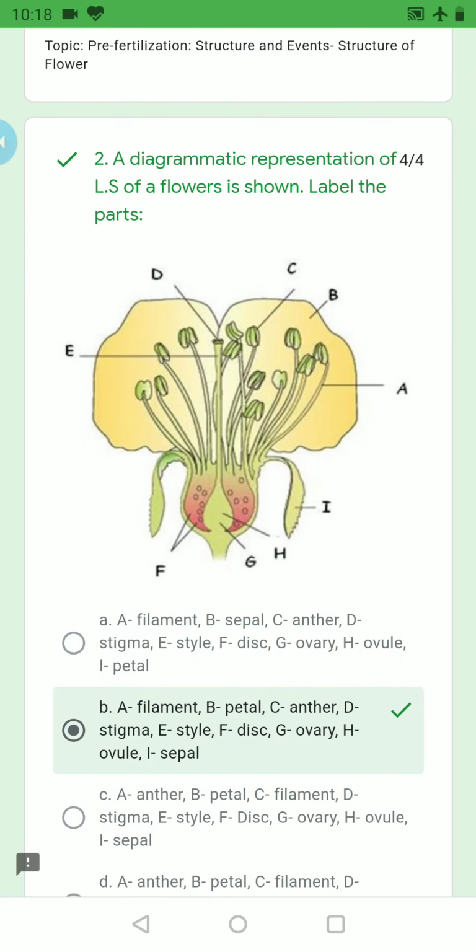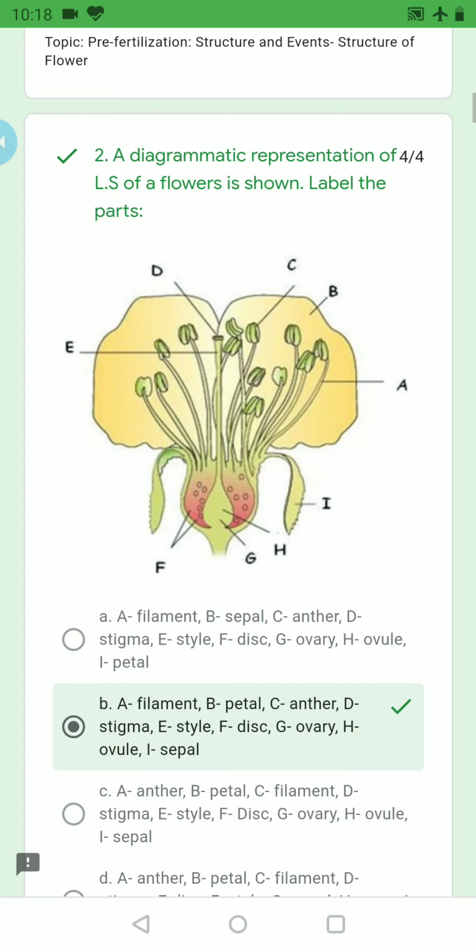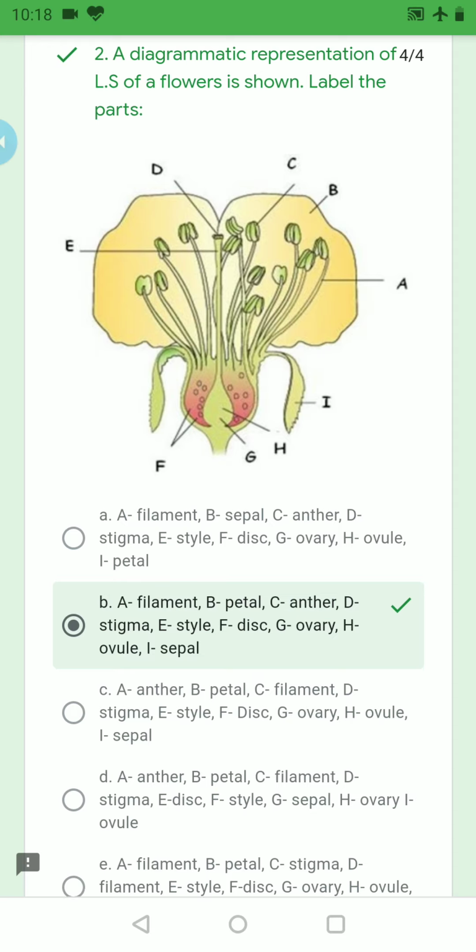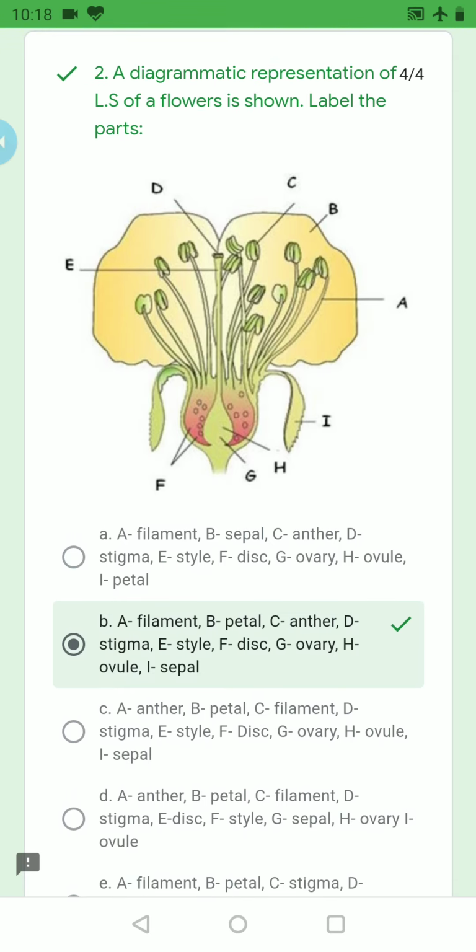Here a diagrammatic representation of the longitudinal section of a flower is given, and we have to label it. Without going towards the given options, just recall the structure of the longitudinal section of the flower so that you can identify.